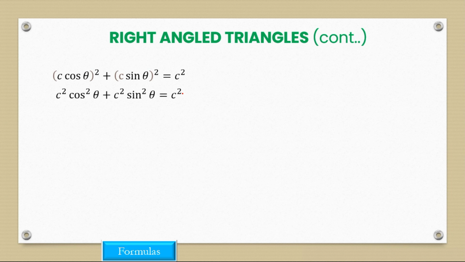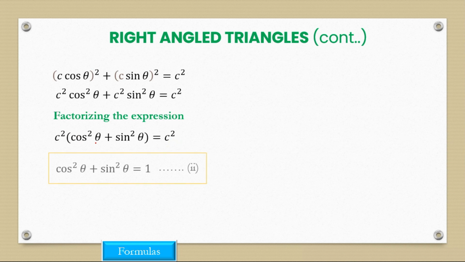So next I'll factorize out the C squared. Factorizing the expression, I'll pull out C squared from this equation and have it outside the brackets. And then as you can see, next we'll be able to cancel out this C squared. So I can divide both sides by C squared, which will leave a 1 here, and this will disappear. So I'll remain with the equation cos squared theta plus sine squared theta is equal to 1.